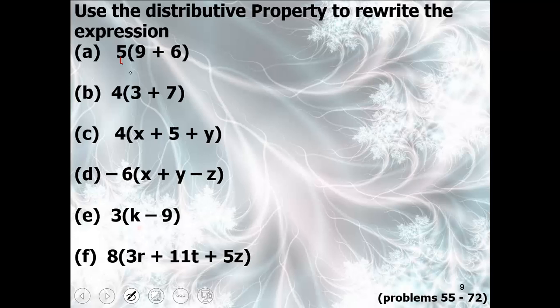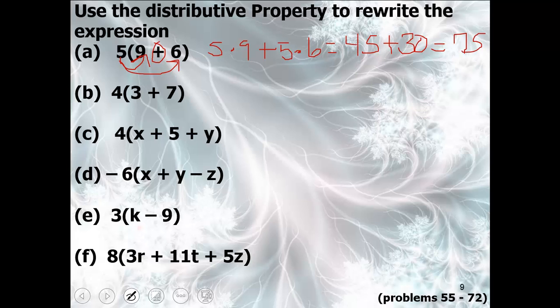I'm going to go 5 times 9 plus 5 times 6. Now I have to do multiplication before I do my addition. 5 times 9 is 45, plus 5 times 6 is 30. So I get the answer of 75.